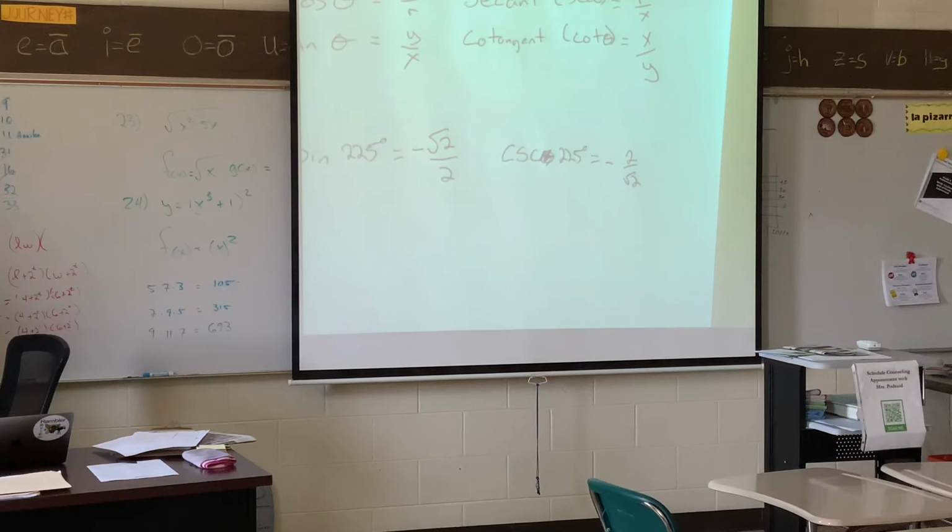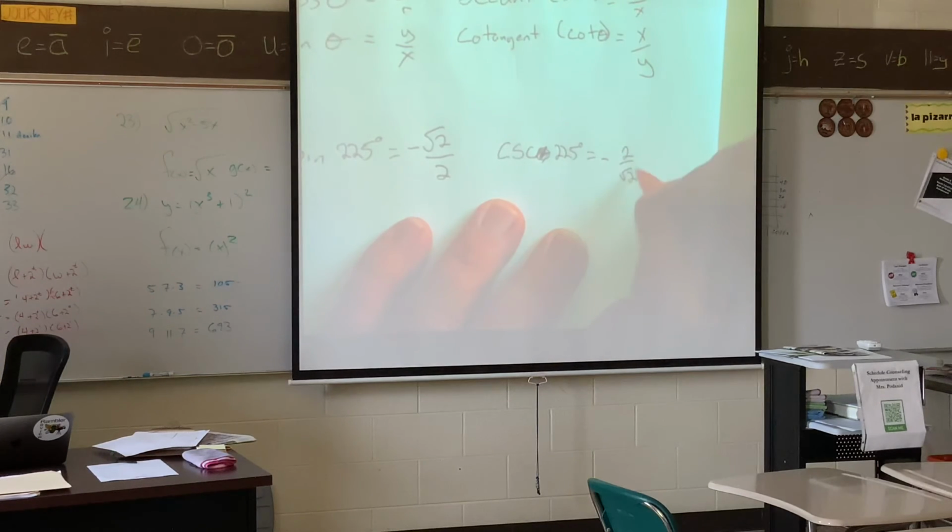All you do is flip it to get cosecant, but I got a little bit of a problem. The radical sign's at the bottom. How do I move it to the top? Bump, bump, bump that radical up. I will keep that -2 there. Keep that base.